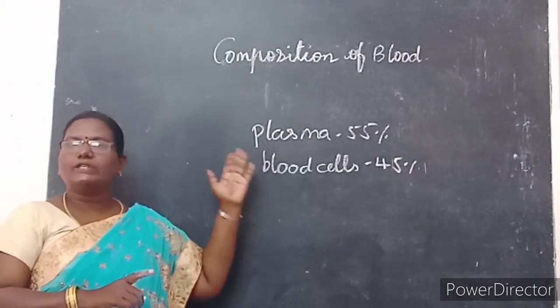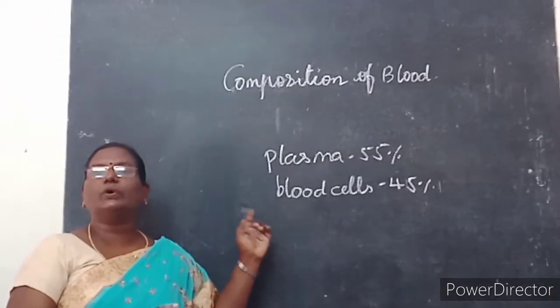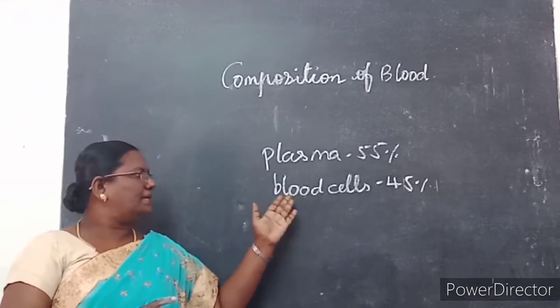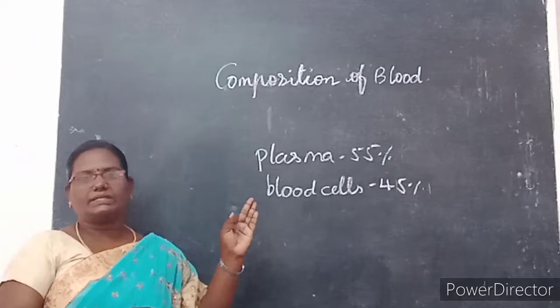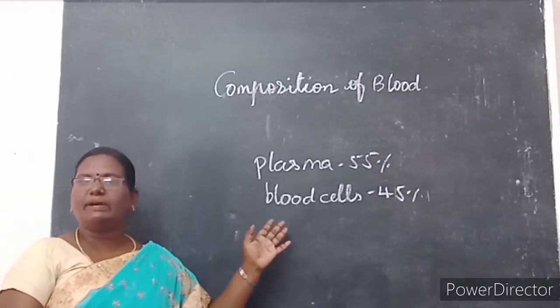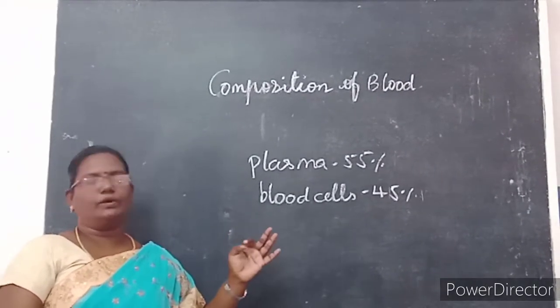The plasma constitutes about 55% of the total blood volume. It's a 1 mark question. And the blood cells, that is RBC, WBC, and platelets, form about 45% of the total blood volume.